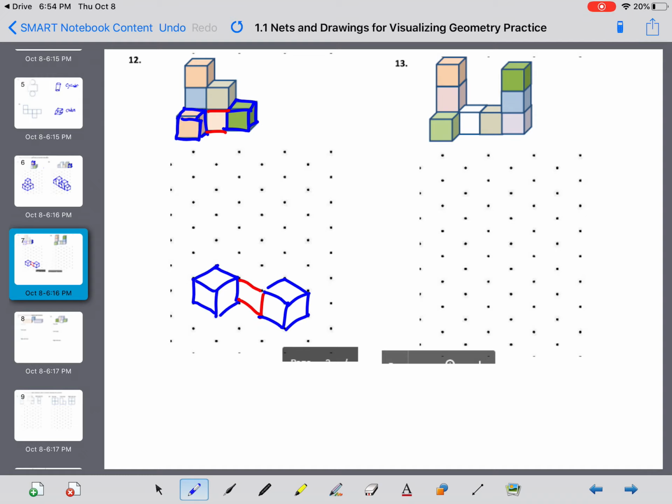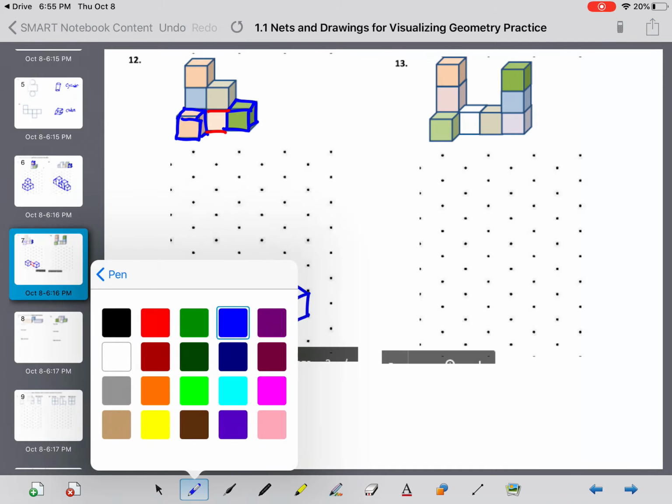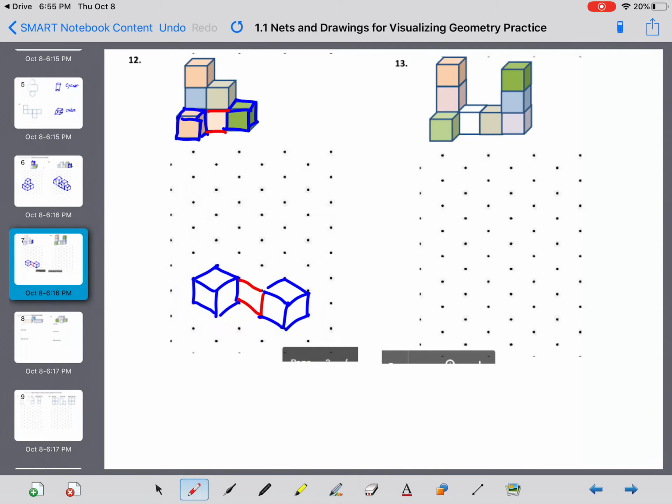Okay, so it's starting to come together. Except we know we have to go up a little higher because there are two cubes in the middle here stacked on top of each other. So here's our red cubes.